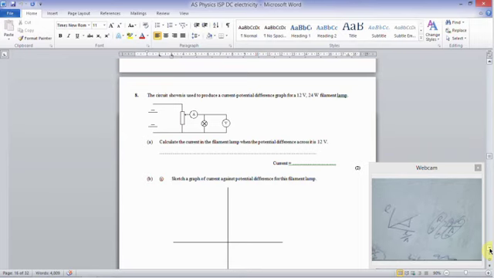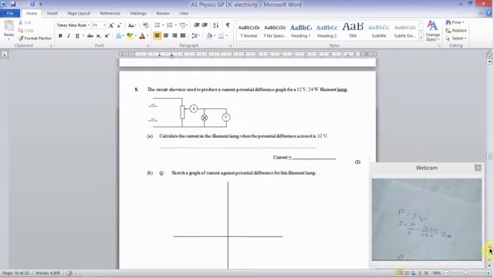So we know from our equation list, so feel free to go up and quickly have a look at it if you need to, power is equal to current times by voltage. They want current, so that's power divided by voltage. Okay, so that's going to be 24 watts divided by 12 volts, which is 2 amps. So nice, easy 2-mark question to get us warmed up.